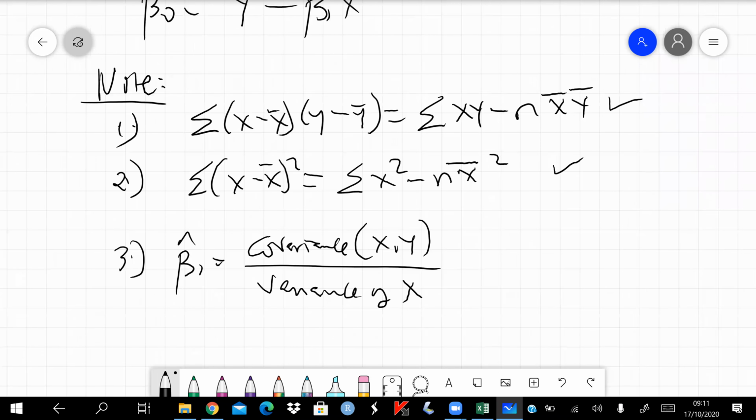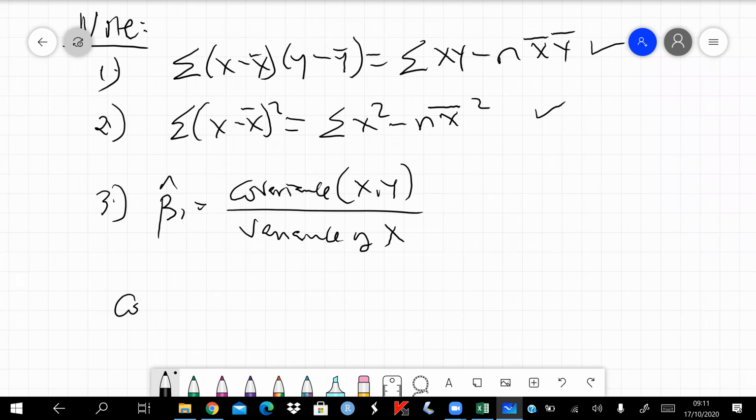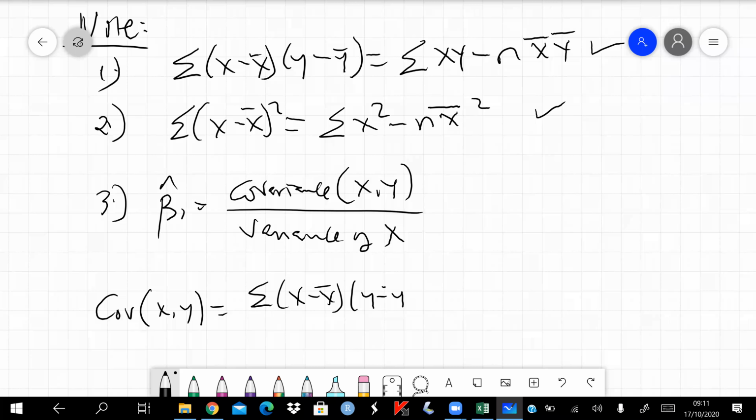Usually we write the covariance in short like this: covariance of x and y is given by the summation of (x minus x bar)(y minus y bar) divided by n minus 1.